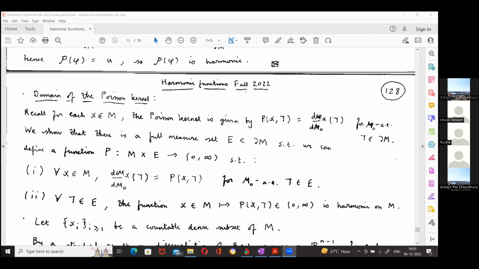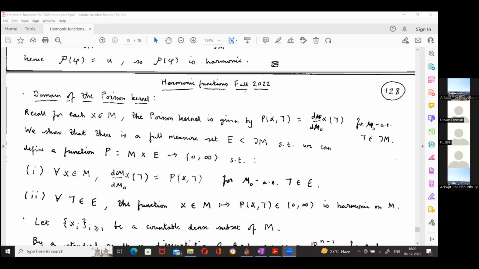So that means for each x, we're getting some full measure set of xi on the boundary. But that full measure set could depend on x, and here x is ranging over the whole space. So there are uncountably many x's.